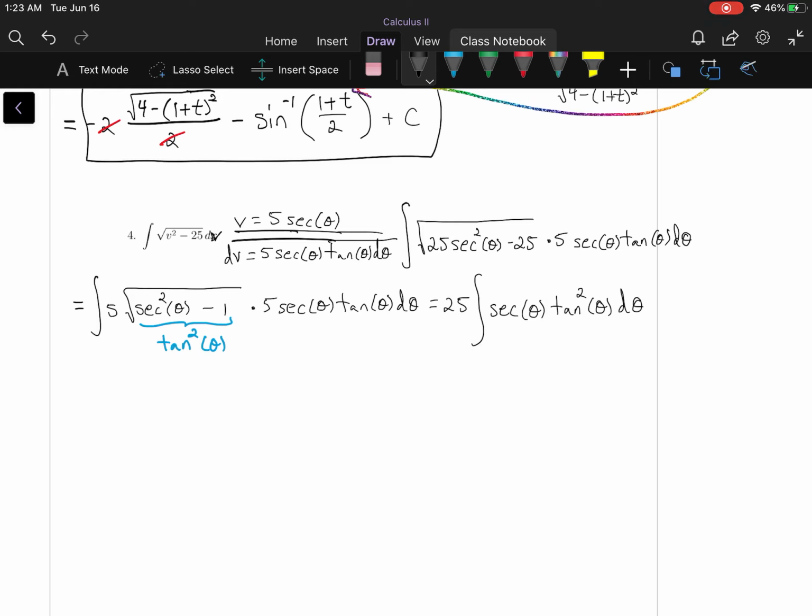So then I might look to consider tan squared as secant squared minus 1.